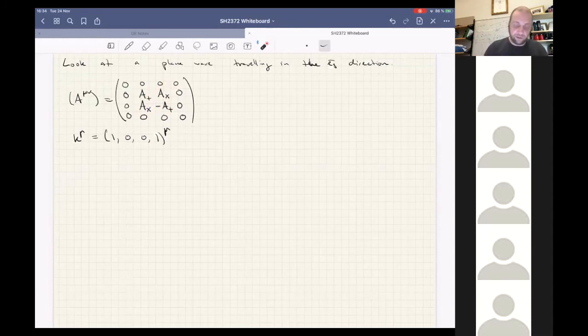And you can see that because if you make a rotation of this matrix by 45 degrees, essentially putting a rotation matrix on either side, you're going to end up switching the position of A plus and A cross. So these are the different plane wave solutions that exist for a plane wave moving in the 3rd direction.